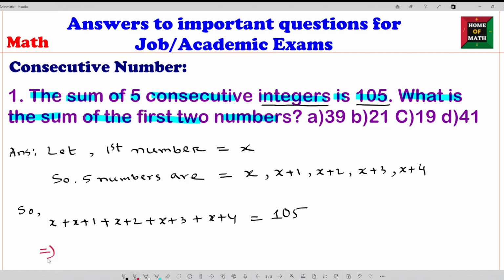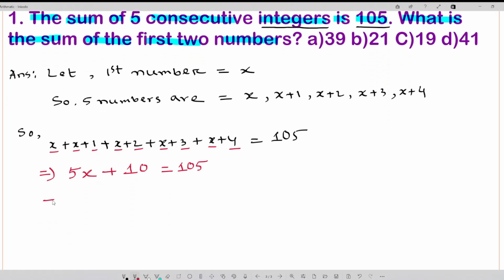So once we sum everything, here is 1, 2, 3, 4, 5 x's, so 5x plus 1, 3, 6, 10 equals 105. Then we can say 5x equals 105 minus 10. This plus 10 will become minus 10, or on both sides we subtract 10.